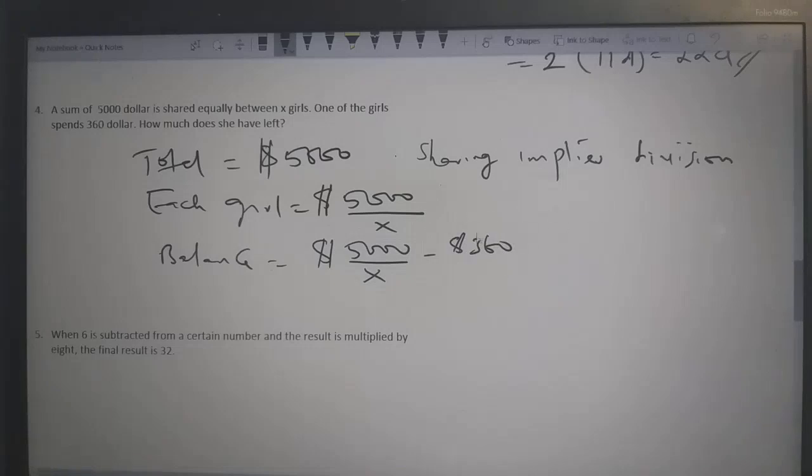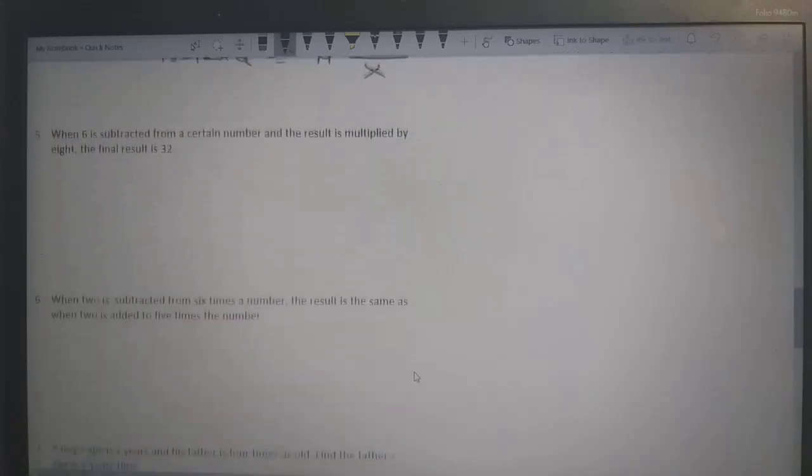And if we simplify this, we can arrive at a very composite, a very organized fraction. But we can just leave it here just to understand how to interpret this word problem question.